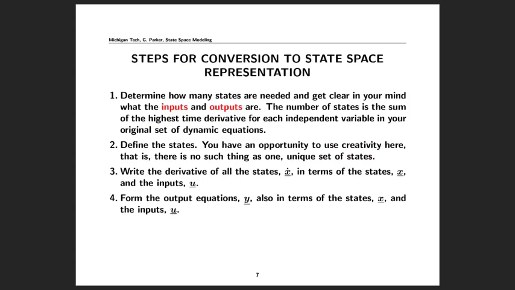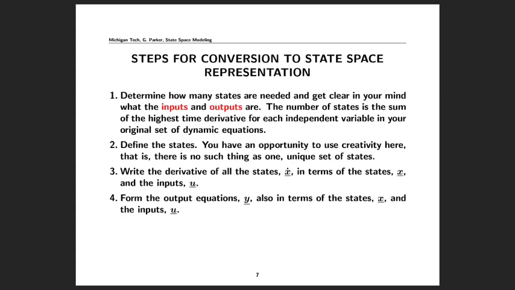So here are the steps for doing a state space representation. First, you have to determine how many states you need. The way to do that is you look at each of your differential equations in your system and tabulate all the dependent variables. In that previous example, that was theta1 and theta2.